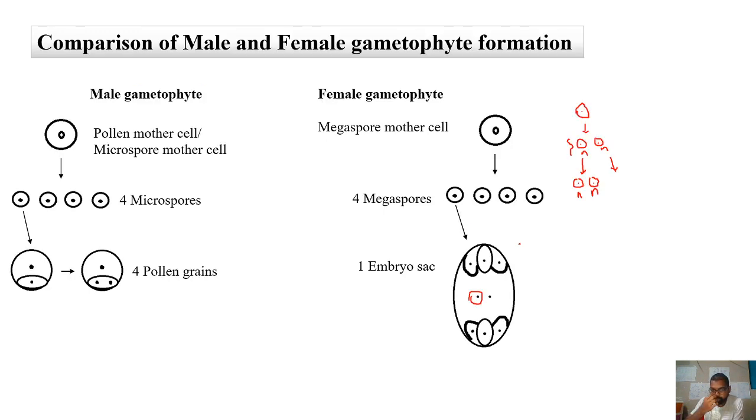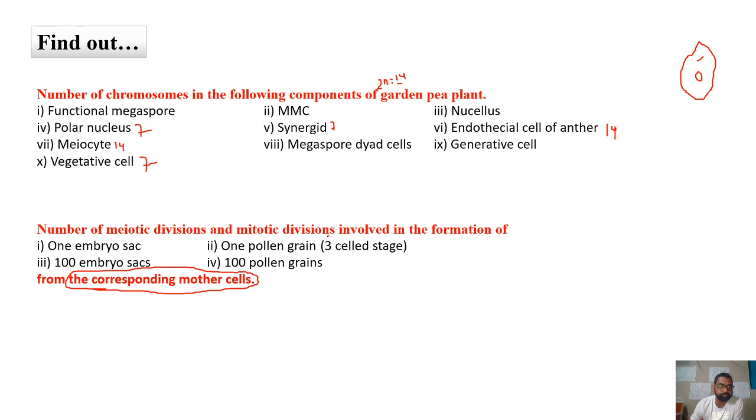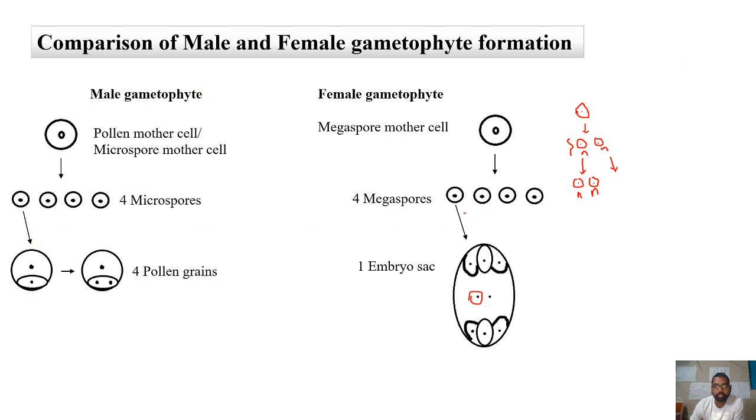Now coming to the formation of 100 embryo sacs, 100 meiotic divisions are required because each meiotic division can produce only one embryo sac. So the number of meiotic divisions is 1 in this case, 100 in this case. Now coming to the mitotic divisions, this is where the mitotic divisions will occur.